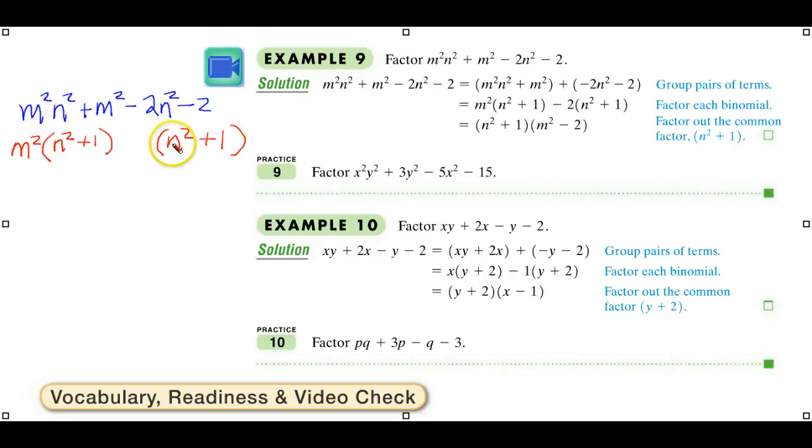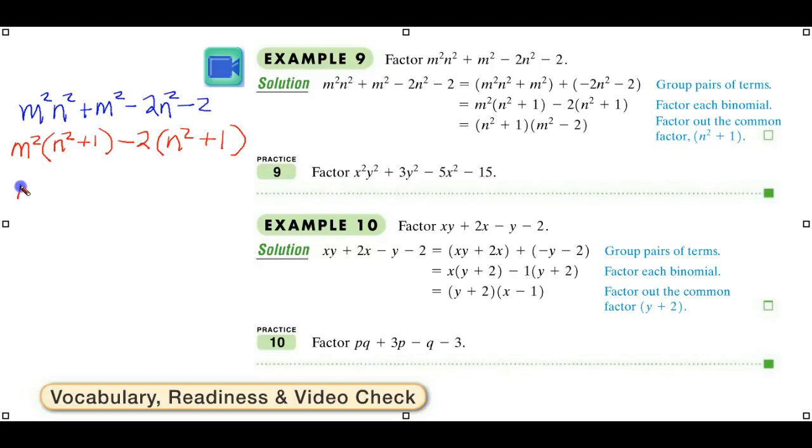Now, in order to get these signs, there is a common factor in both of these. What do I need to take out? Because I have to have the signs reversed. And the answer is a negative 2. So we had talked about this earlier.